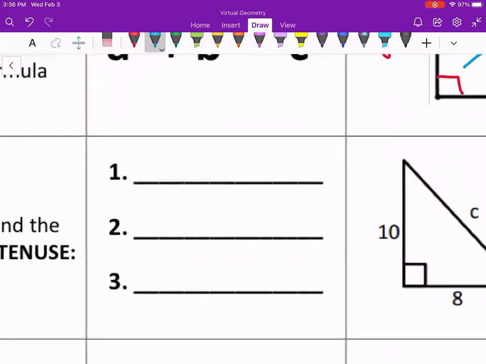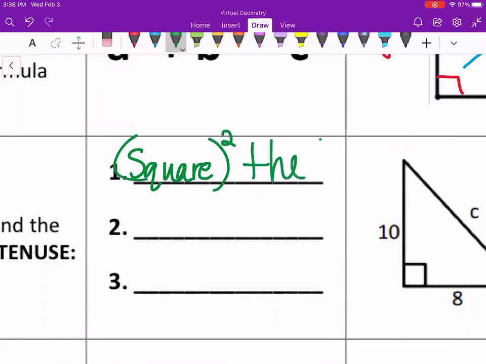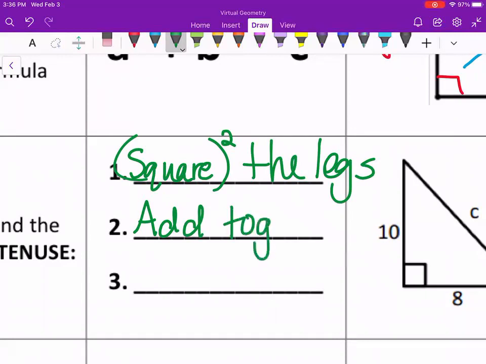So first thing we need to do is square the legs, which means take them to the power of 2, the exponent. We then need to add those values. And then square root the sum.